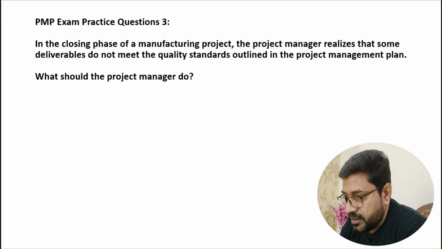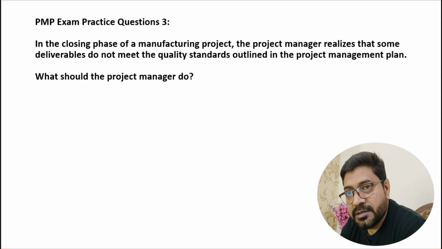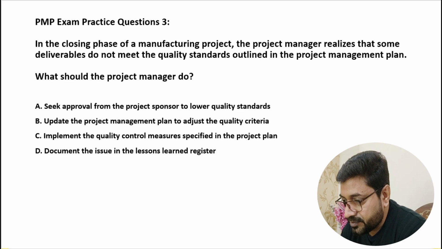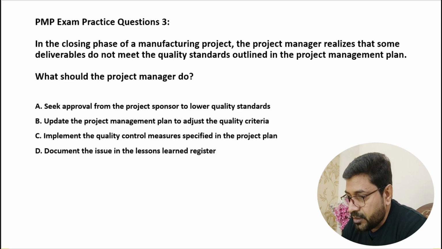Question number 3 is, in the closing phase of a manufacturing project, the project manager realizes that some deliverables do not meet the quality standards outlined in the project management plan. Question is, what should the project manager do? Okay, so let's see the options. Let's understand the question in simpler language.